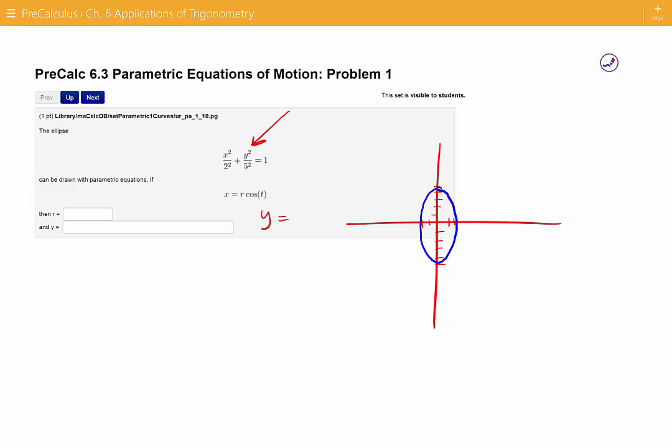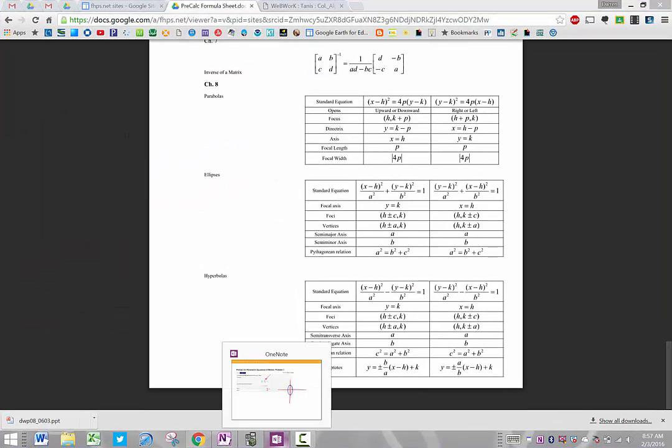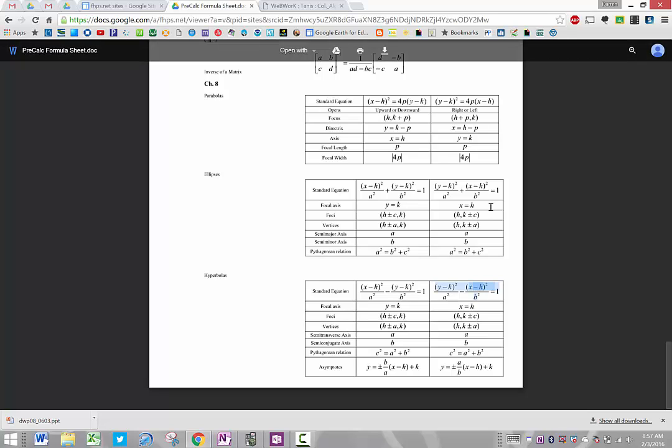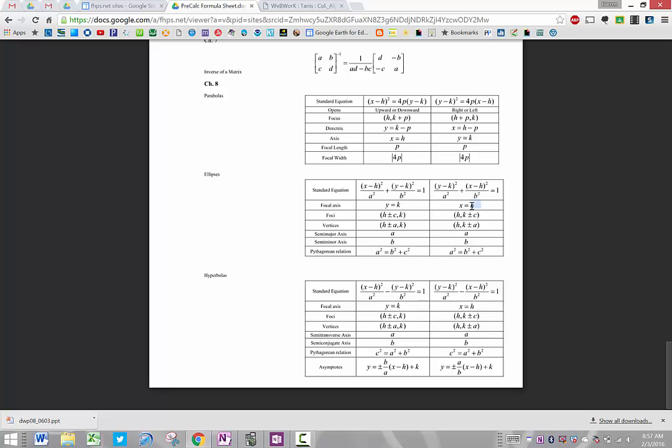Now, you might not remember how to graph this, in which case there's an app on the calculator I can show you that does that. Or on our formula sheet, I have information about ellipses. We don't cover it till Chapter 8, but you did cover this in Algebra 2. We're talking about ellipses, and we're looking at this column because a is underneath y. So that means that the focal axis is x equals 0 in this case, because h is 0, which is the y-axis for the focal axis.